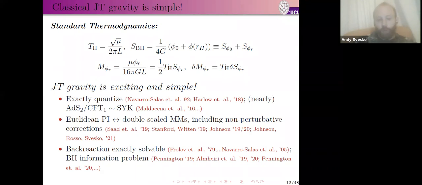So you can perform the Euclidean path integral using these double-scaled matrix model techniques, including finding all non-perturbative corrections. Why it's of interest to us is because the backreaction problem will be exactly solvable. And this was of interest to people a couple years ago because you can address the black hole information problem.